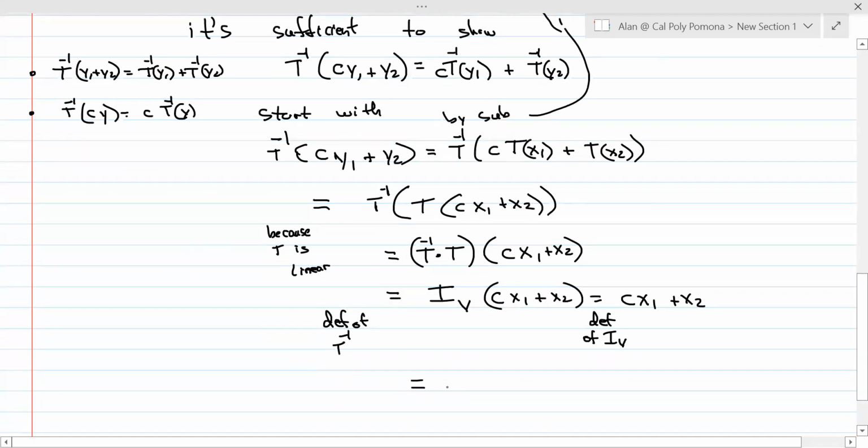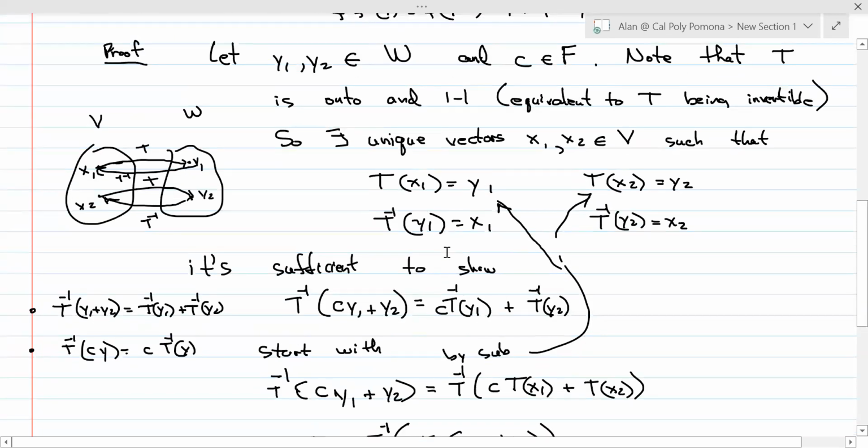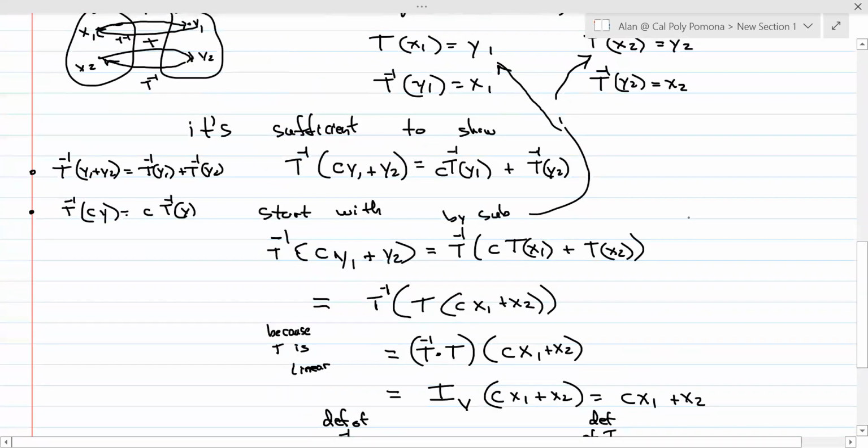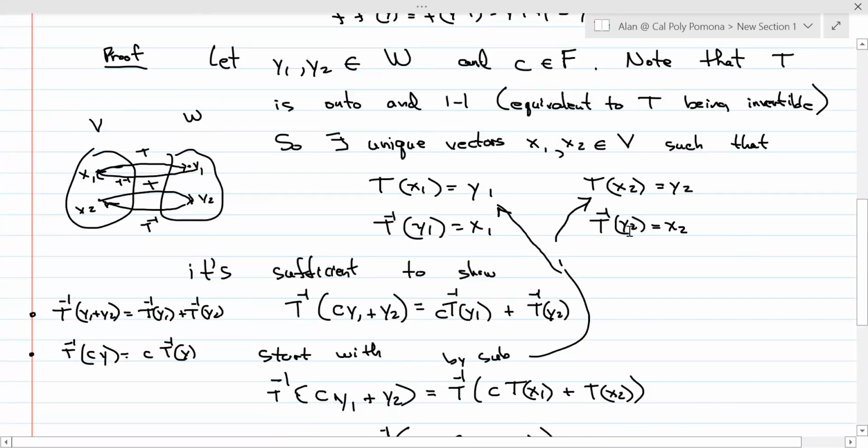So this is X1, given by this equation right here, T inverse of Y1. So that's T inverse of, what did I just say, Y1 plus X2, and X2 is this guy, T inverse of Y2.